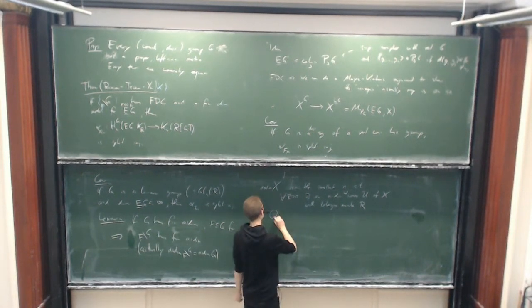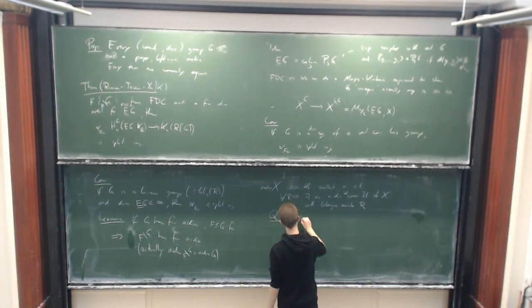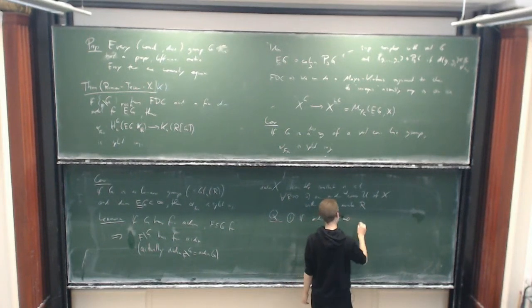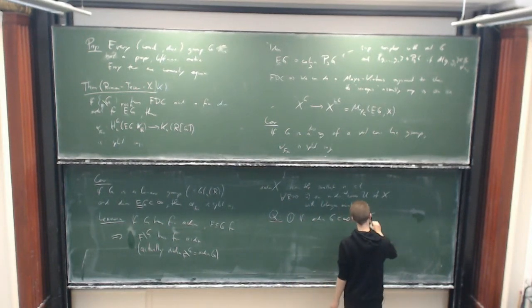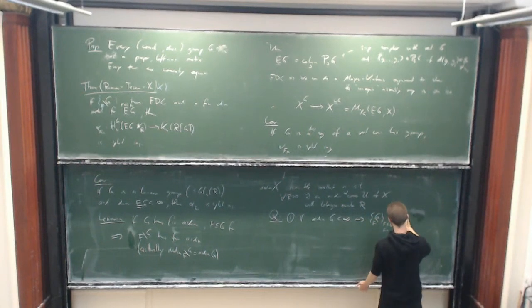So now from this, there are two questions. First one is, if the asymptotic dimension of G is finite, does this imply that this family has finite asymptotic dimension?